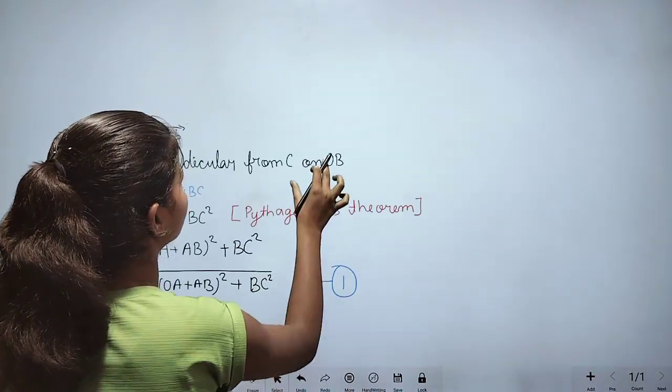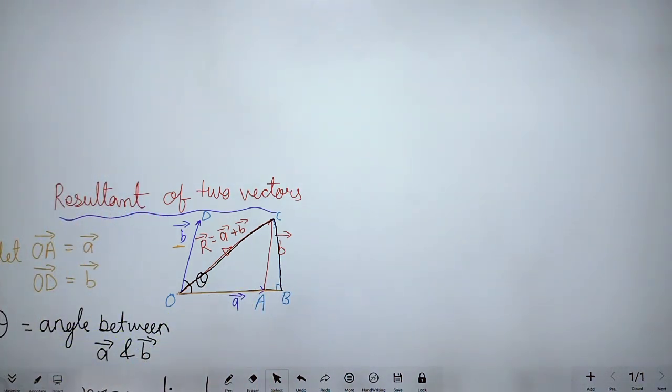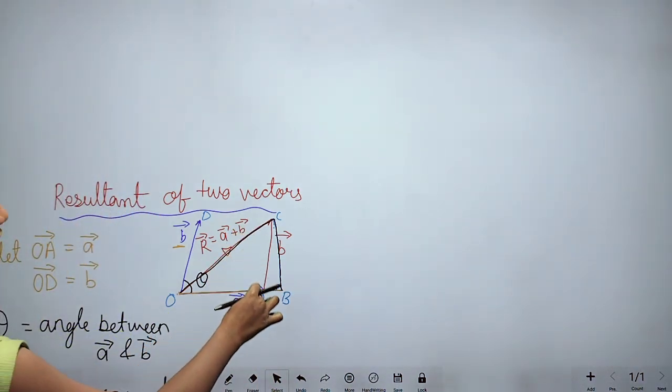Perpendicular is equal to BC, and hypotenuse is AC.